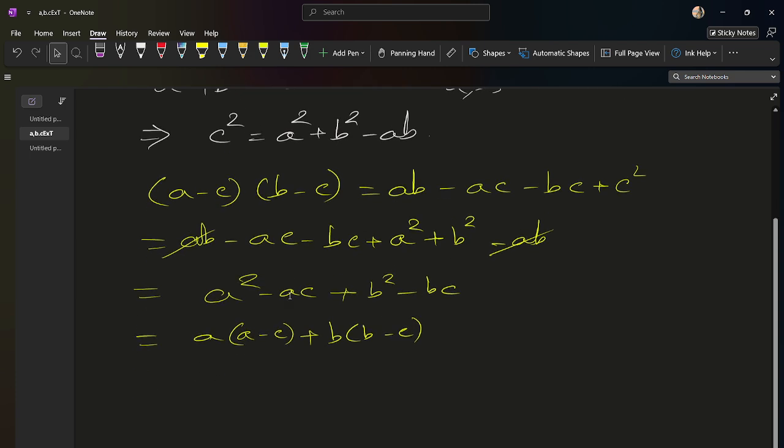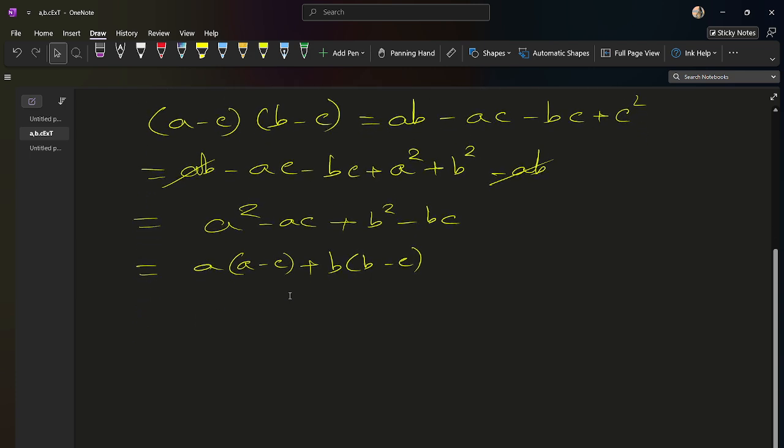After that, we are going to check the cases for a, b, and c. Case 1 is when a is greater than c and b is greater than c.